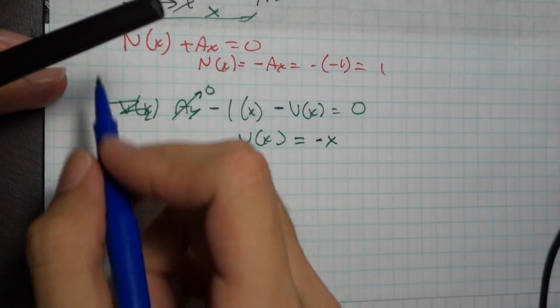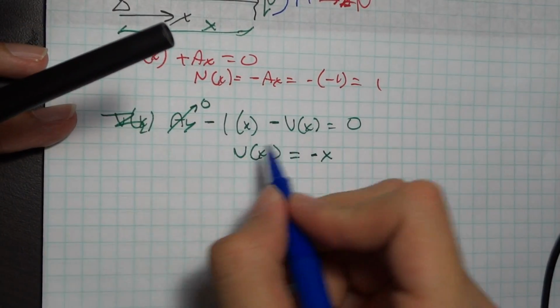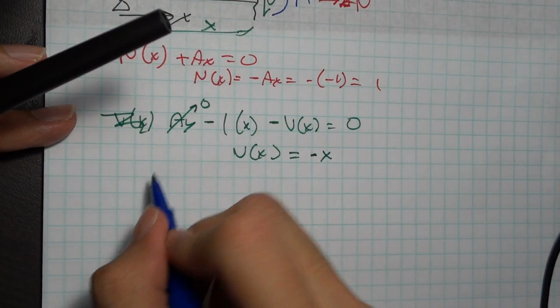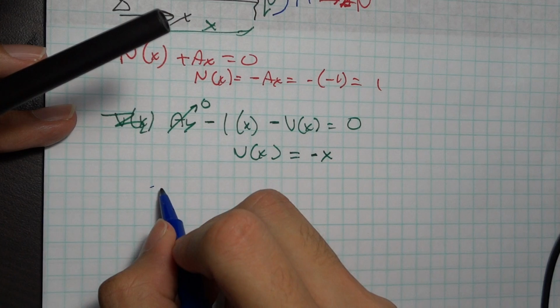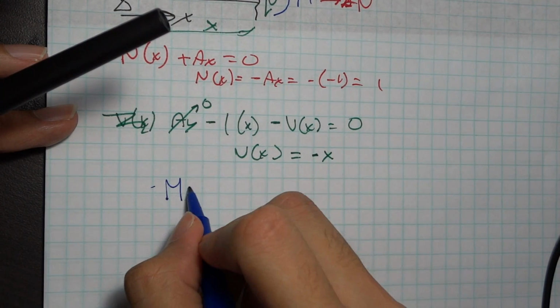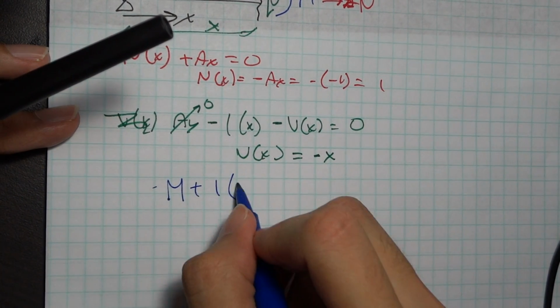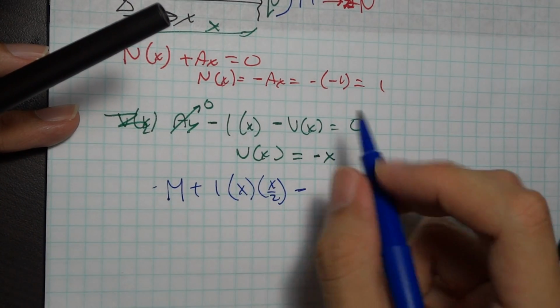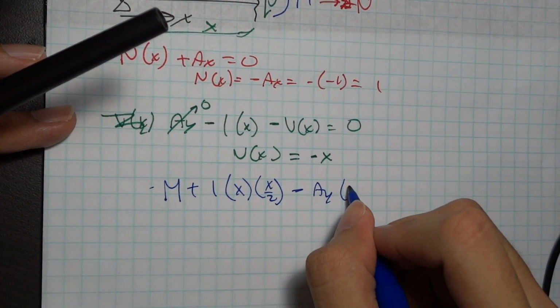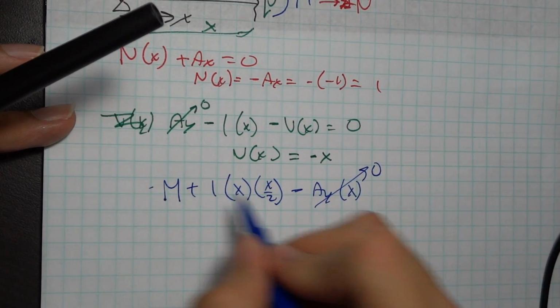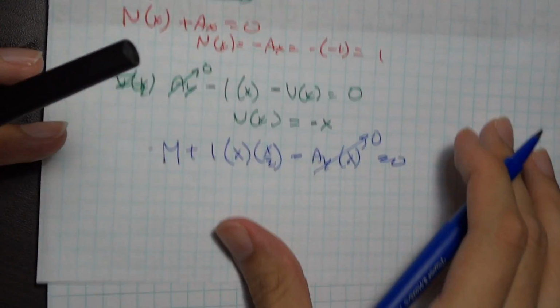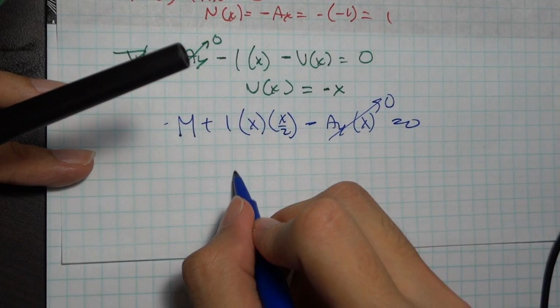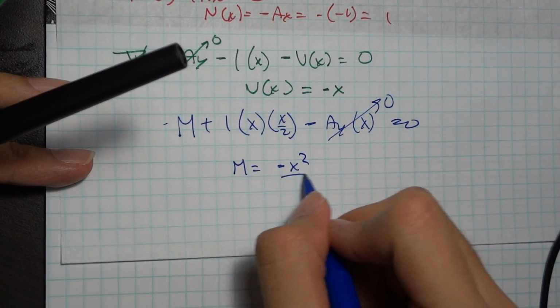And now moments, we have anti-clockwise positive. So we have M plus 1 times x over 2 minus A_y times x, this is 0, equals 0, and we should get M equals negative x squared over 2.